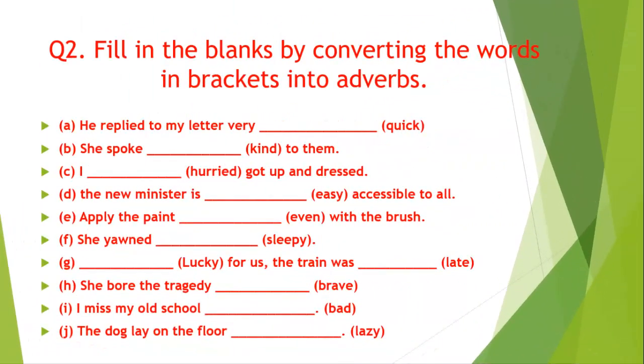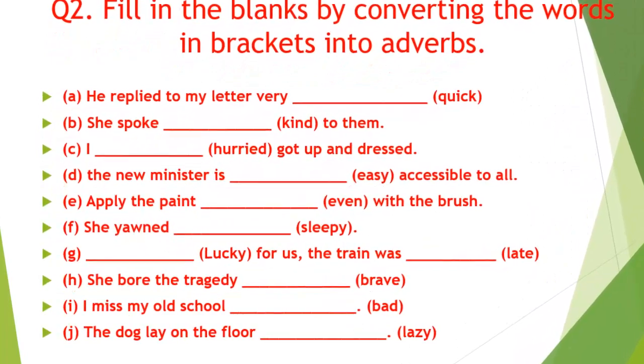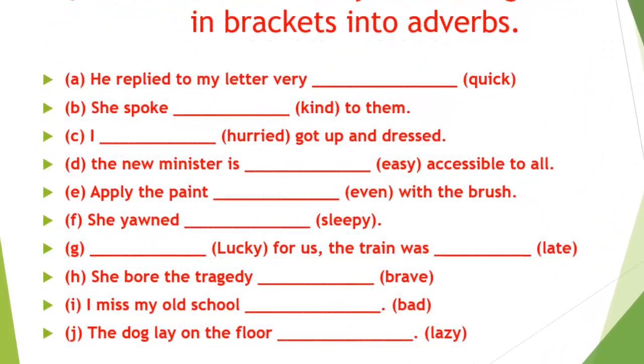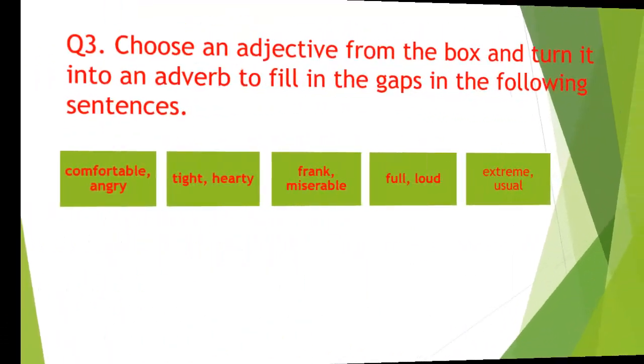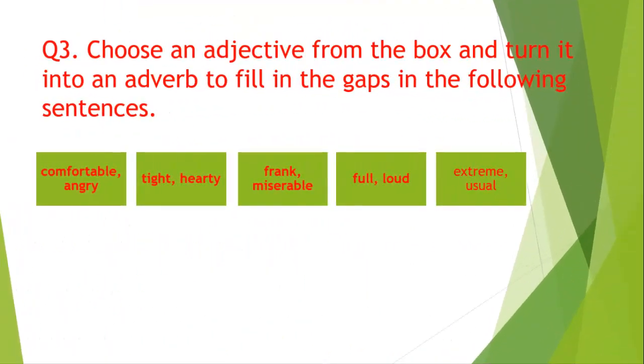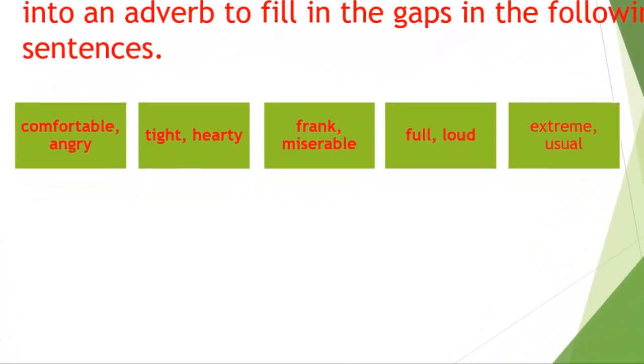Assignment number 2. Fill in the blanks by converting the words in brackets into adverbs. Assignment number 3. Choose an adjective from the box and turn it into an adverb to fill in the gaps in the following sentences.